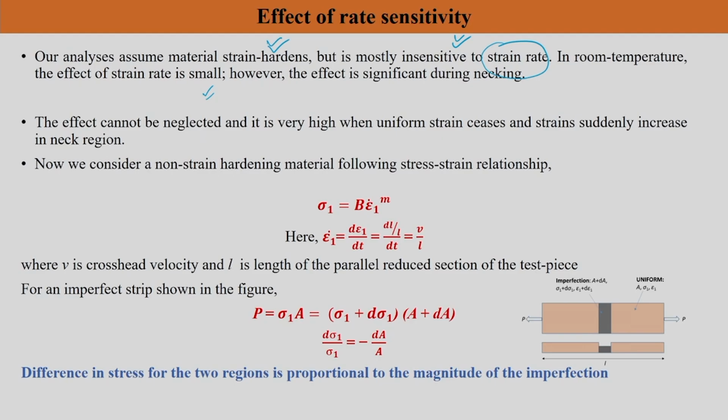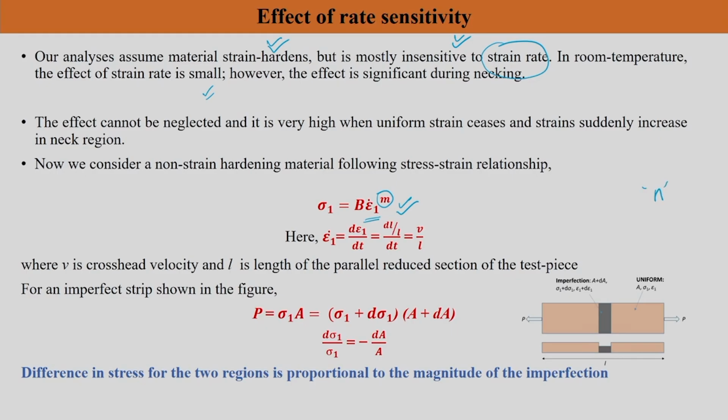Now let us assume a material which is non-strain hardening, but follows this strain rate flow stress relationship: sigma 1 is equal to B into epsilon 1 dot power m, where m is called the strain rate sensitivity index. We are not bringing in n, the strain hardening exponent, here.